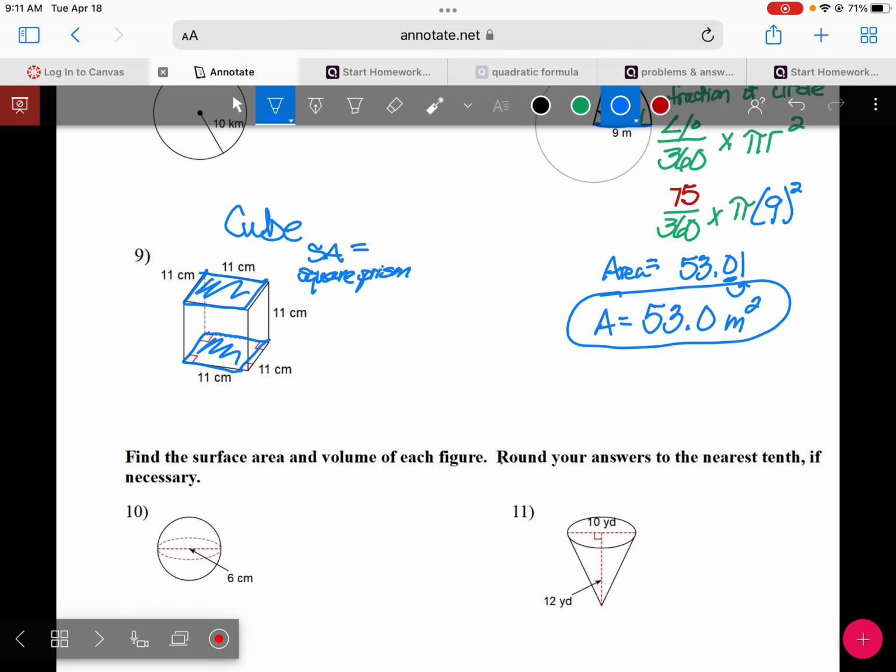So look at your formula sheet, and if you don't have the half sheet, look on the last page of this review because the formula page is also there. What is the formula for the surface area of a prism? Not everyone all at once. Look at the last page, surface area of a prism.